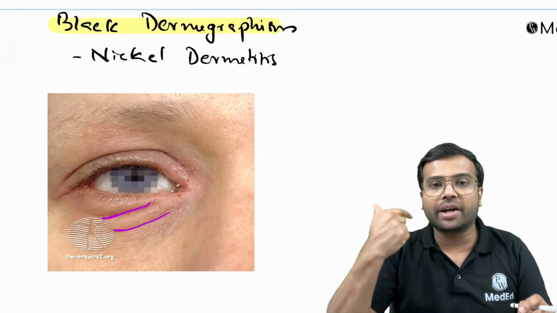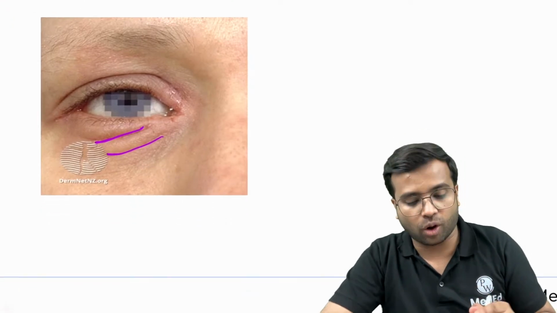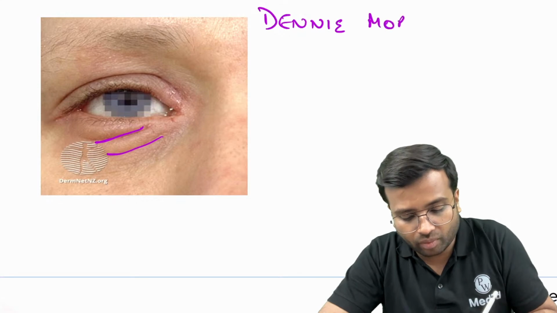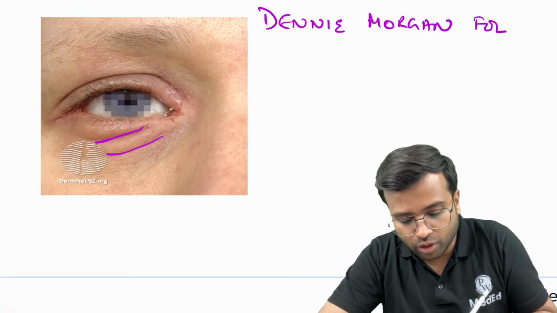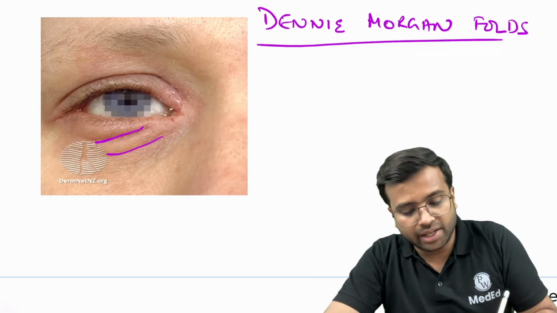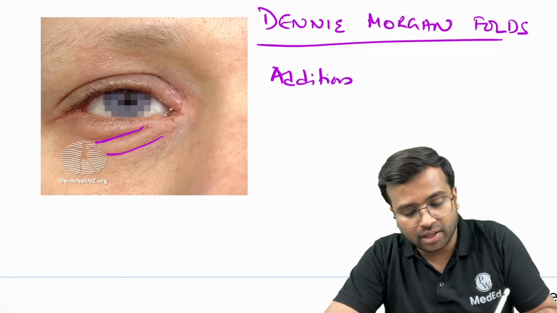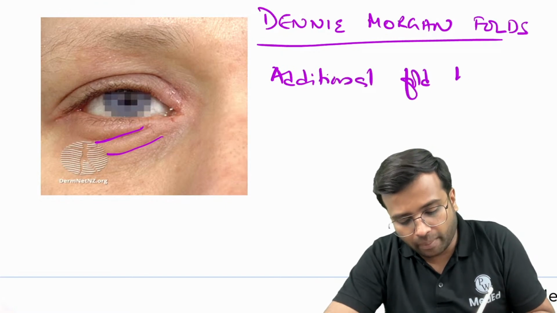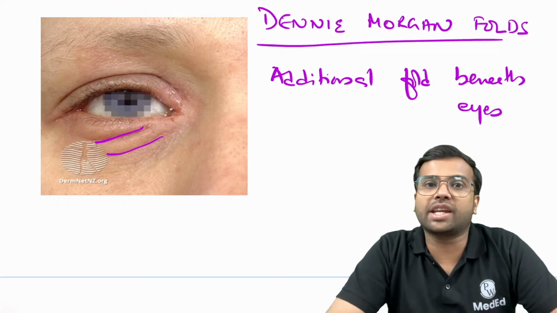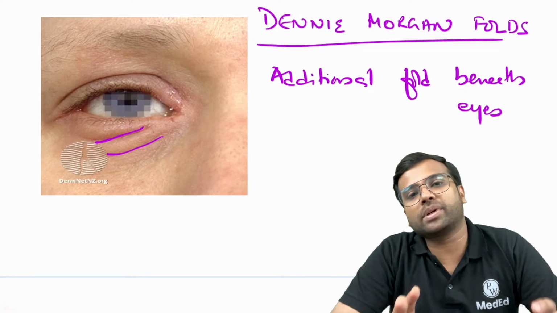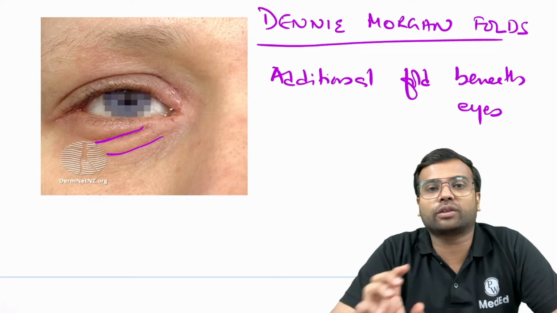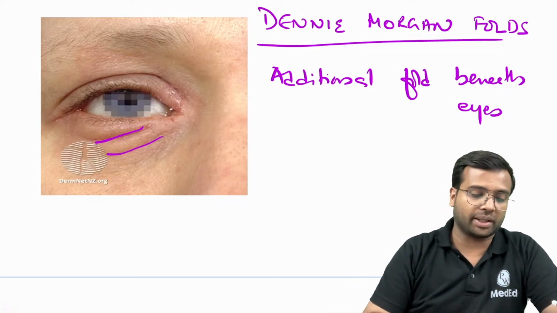This kind of additional fold beneath the eyes is called the Dennie-Morgan fold. Okay, these are called Dennie-Morgan folds. This also happens due to chronic eczema or chronic atopy. So this is also seen as a part of the minor criteria in atopic dermatitis.